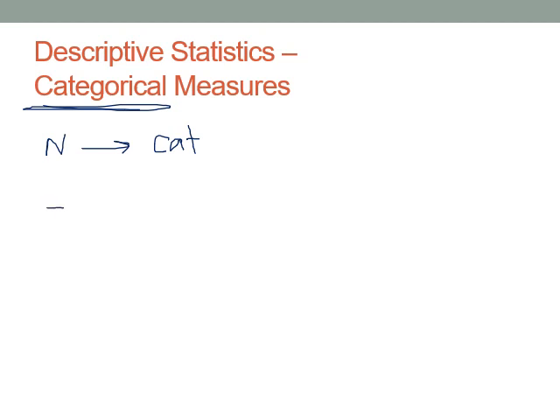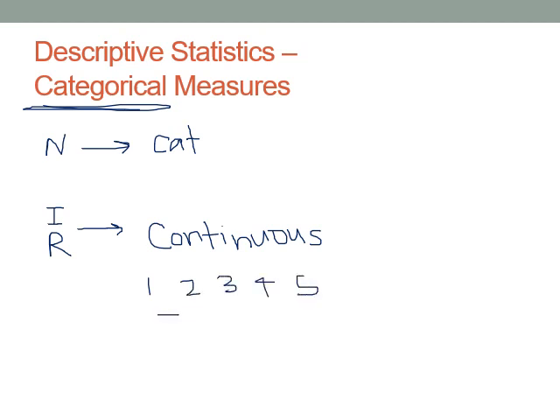When we have interval or ratio measurement for a specific variable, this produces what we are going to call continuous data. Sorry, this is so hideous. What the continuous is referring to is this idea that if you have an interval response scale, this is a continuum.